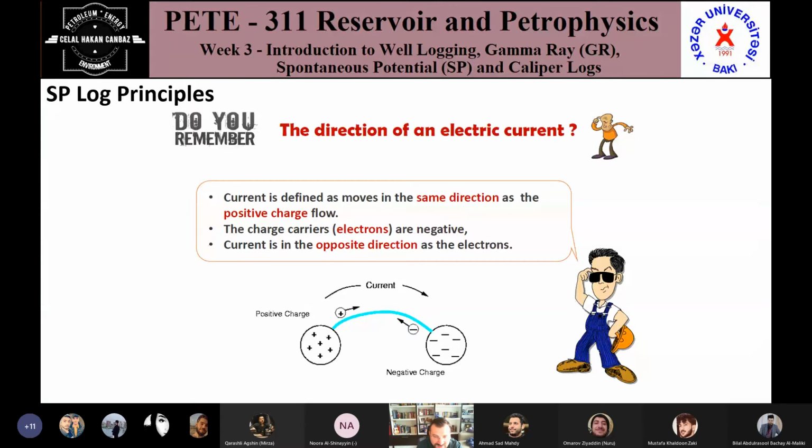The charge carriers, the electrons, are negative, and the current is in the opposite direction to the electrons. So the electron has a tendency to go from the negative charge to the positive charge, and the protons have a tendency to go from the positive charge to the negative charge. As a result of this, what happens? The current occurs, right? Okay, the spontaneous potential uses this actually.